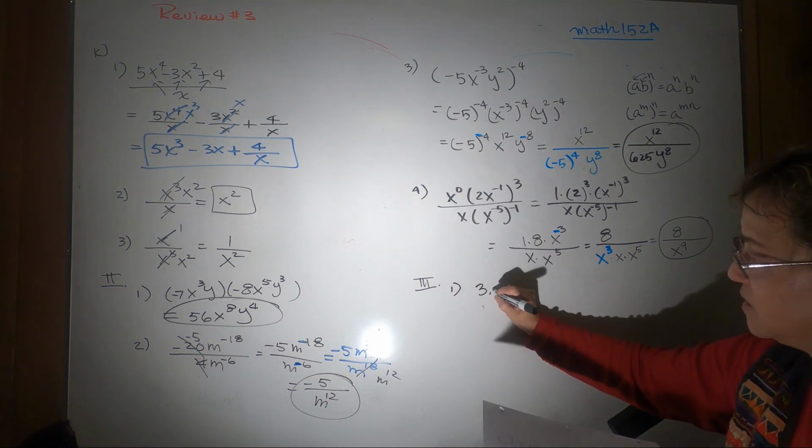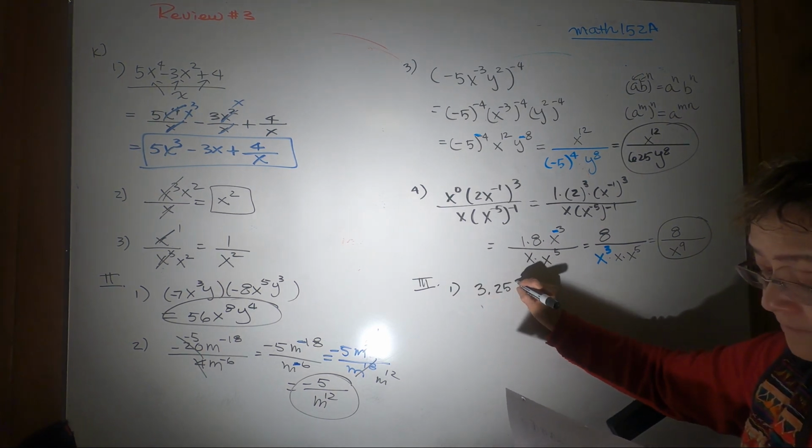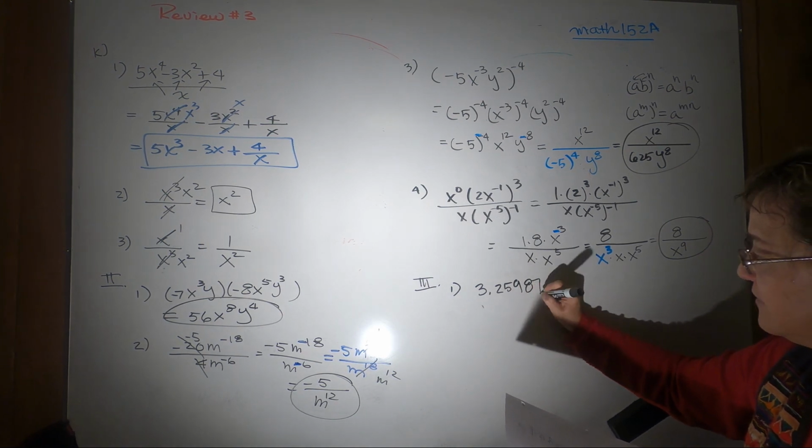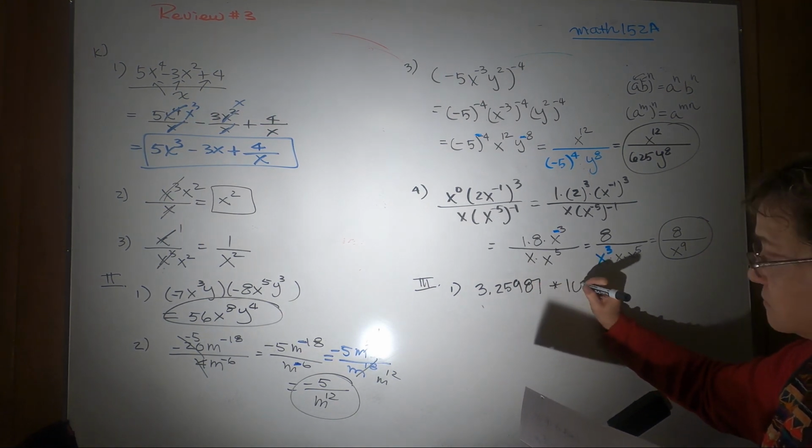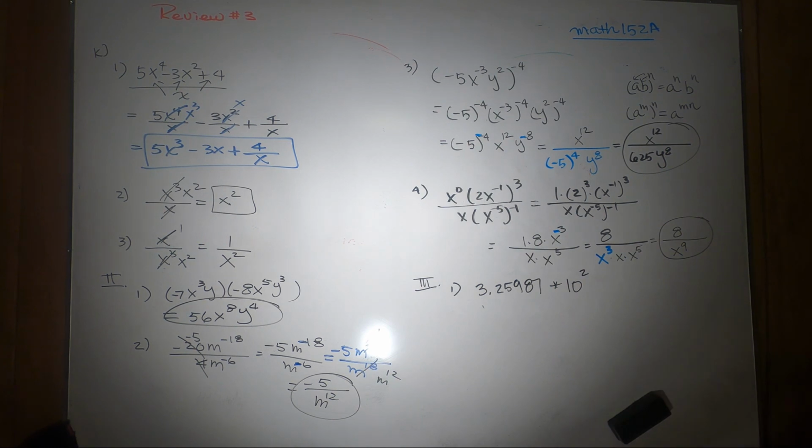So this is 3.25987 times 10 to the 2nd power. So this one is a scientific notation. Then we said, you write a regular number, how it looks like.